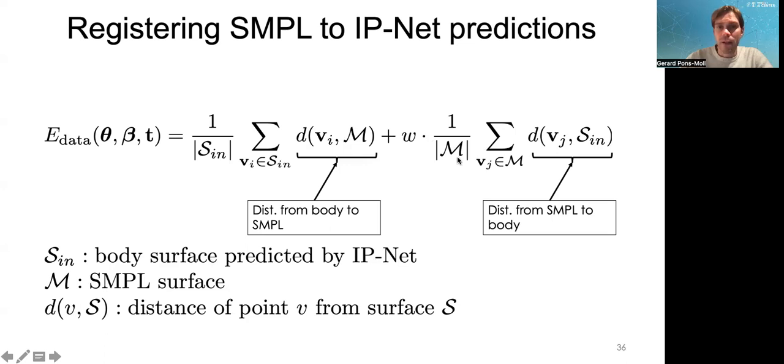And we also have a reverse matching objective, matching from the model to the IPNet prediction. All right, so this is more or less standard. The only thing is that this will be easier to fit compared to the original point cloud, because first of all, this predicted surface is dense, and also it doesn't contain clothing and other details.